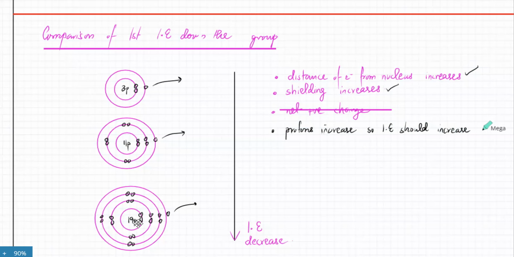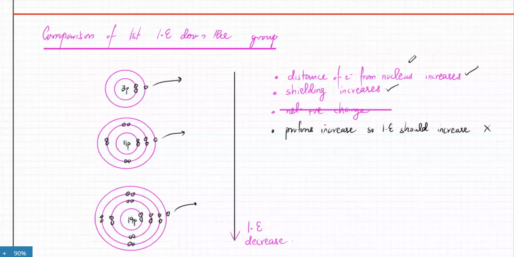Down the group, the protons are becoming 19, and 19 protons would be attracting electrons more strongly compared to 3 protons. So this factor is actually going against it.